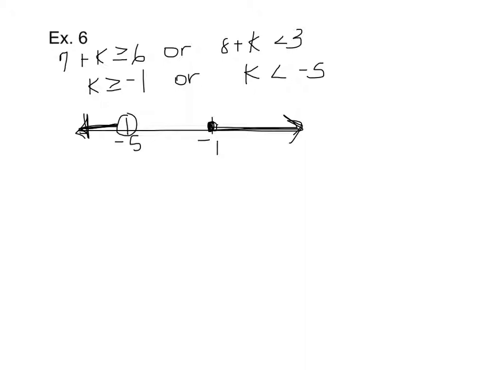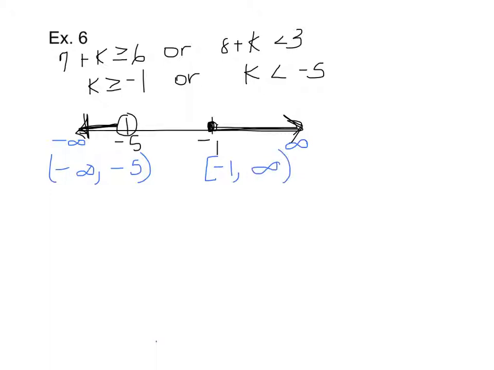Now, when you're writing interval notation, remember this is negative infinity, this is positive infinity. So, to write this, remember we do left to right. It'll be negative infinity to -5, not including. And then over here, we do -1. Now we're including it to positive infinity.